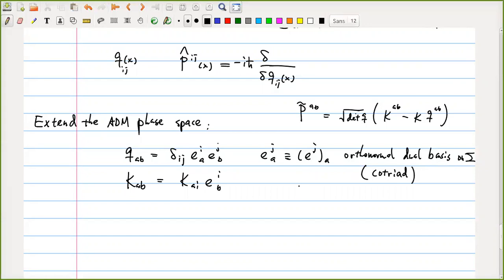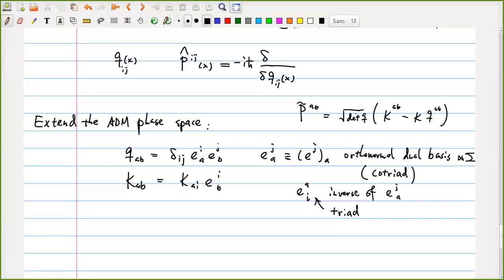Then of course it uniquely determines the basis e_I^A, which is the inverse of e^I_A. This is the orthonormal basis, called the triad. Once we have a dual basis, of course, it uniquely determines a basis, as we learned before.